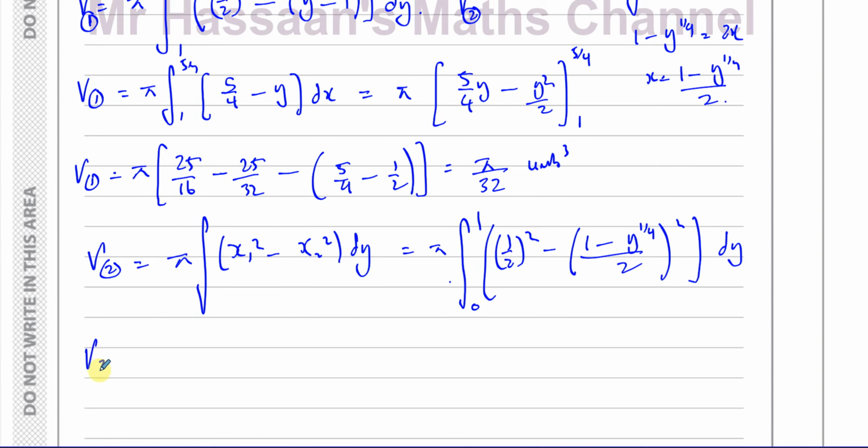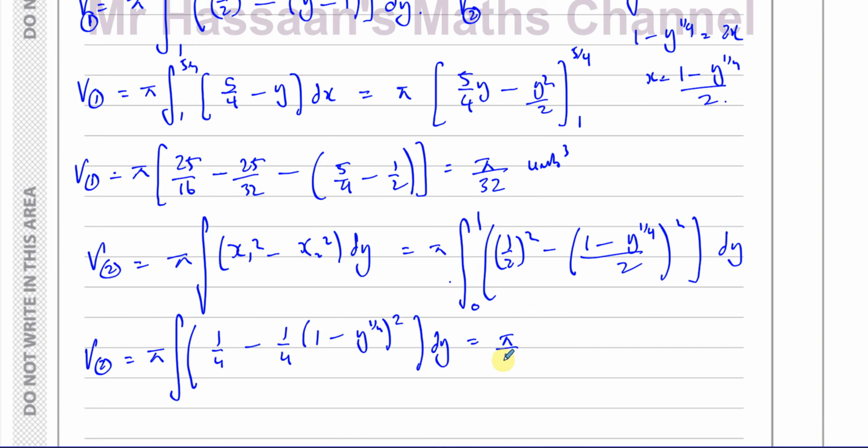So let's get it a bit more friendly here. You have pi times the integral of a quarter, minus a quarter times 1 minus y to the power of a quarter, squared, integrated with respect to y. So what I can do here is take the whole quarter out.